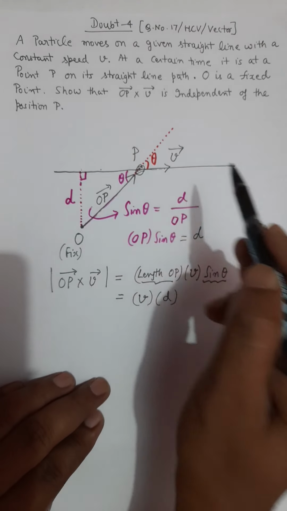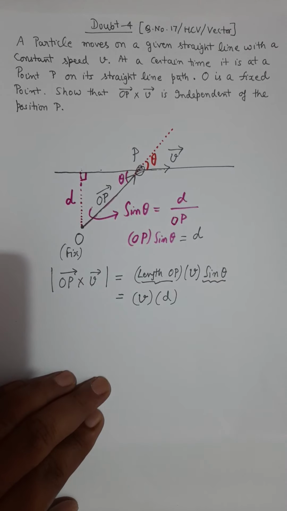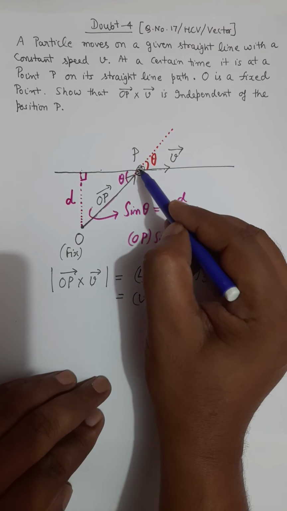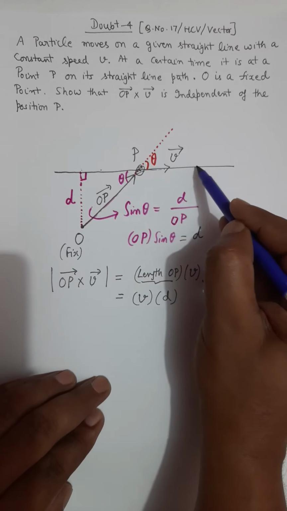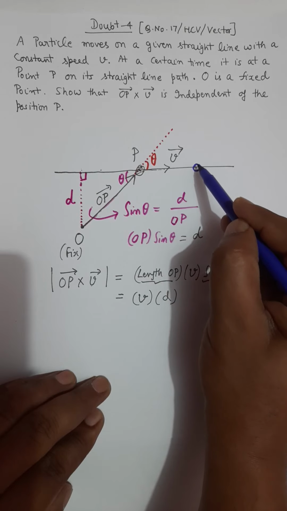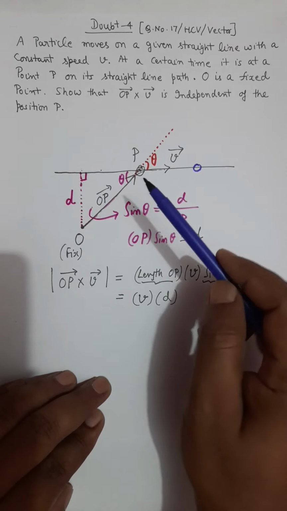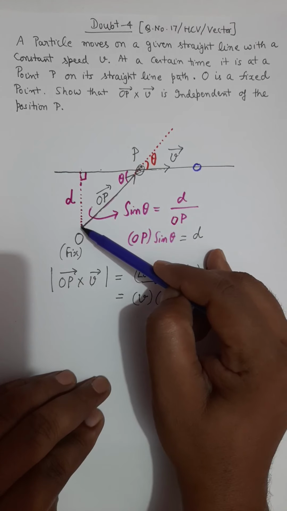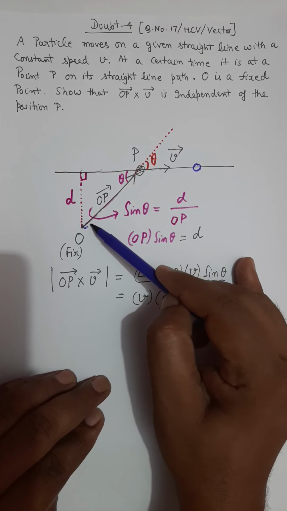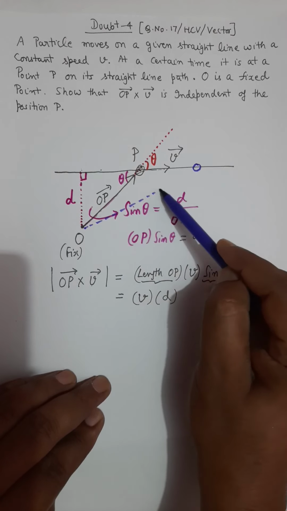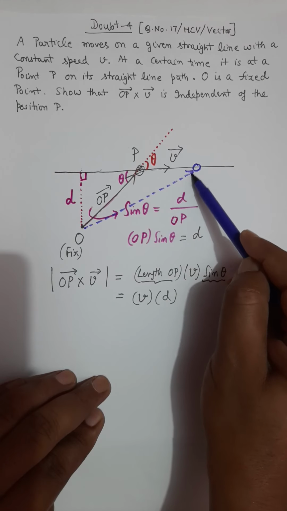Right. Now understand, if after some time the particle P is now ahead of the previous point, it is somewhere here, then your OP vector will change. You will have a different OP now. This vector will be considered as OP now.